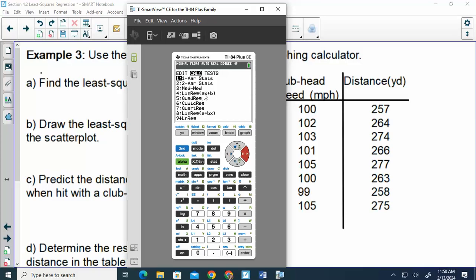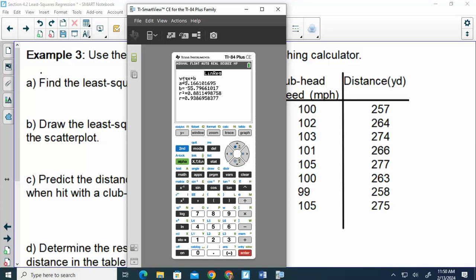Technically it doesn't matter, but they flip the order: 4a is your slope, and if you go to 8, b is the slope, so just be careful. I always go with the first one. It's the form we're used to, y equals mx plus b. Your x list should be L1, your y list should be L2. Calculate.